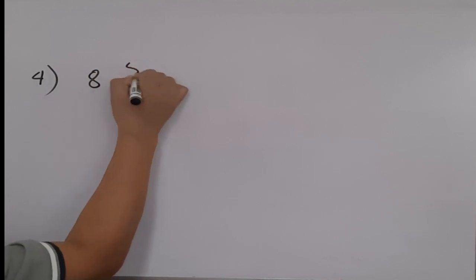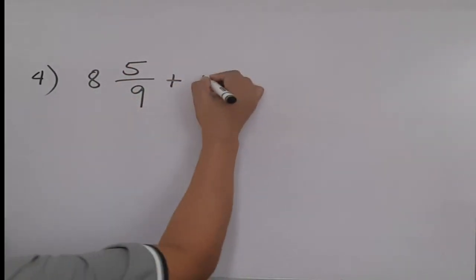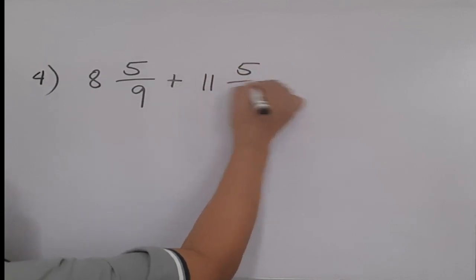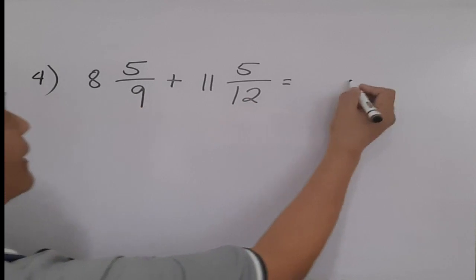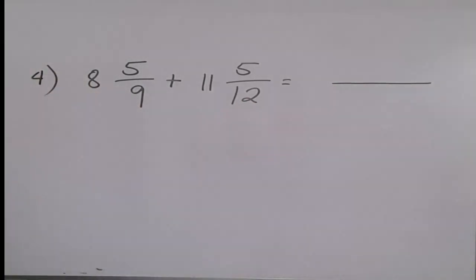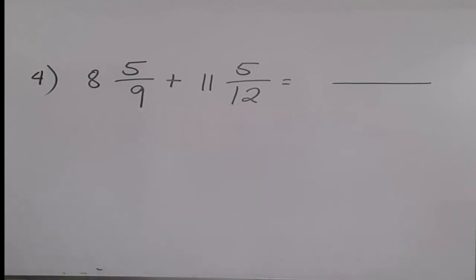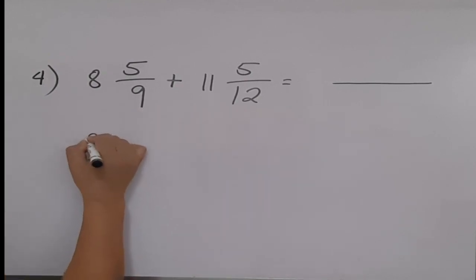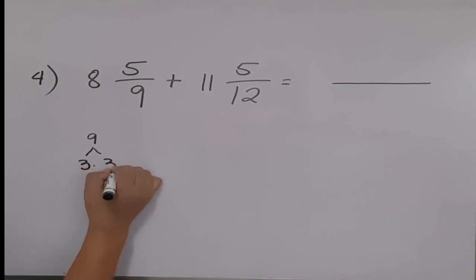Next example ay 8 and 5 over 9 plus 11 and 5 over 12. Okay? So, kunin muna natin ang ating LCD. So, to get LCD, factor muna natin yan. Okay? So, 9, factors ng 9 ay 3 times 3.